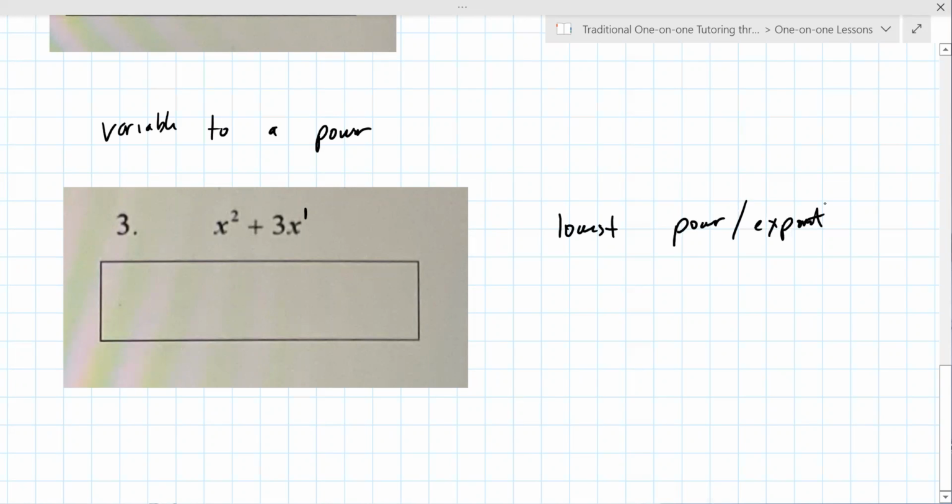Which is the lower exponent? 3x. Just the variable without the number. So just the x. Okay, so that's what goes on the outside. And then just like in the previous problems, you're going to divide both of these by x.